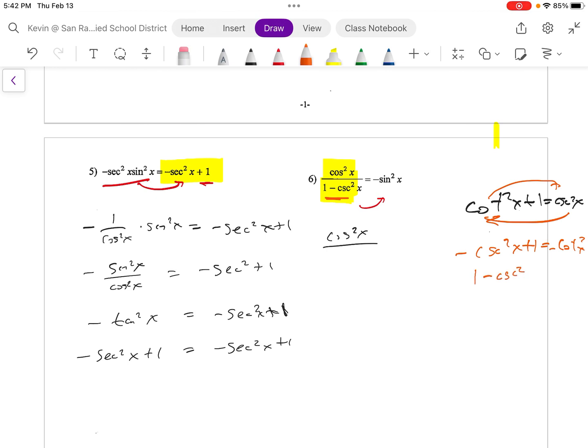This is the same as 1 minus cosecant squared x, so negative cotangent squared x. So basically what I'm saying is that this equation right here, 1 minus cosecant squared x, equals negative cotangent squared x.